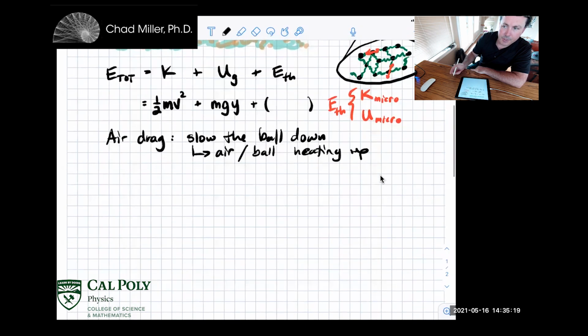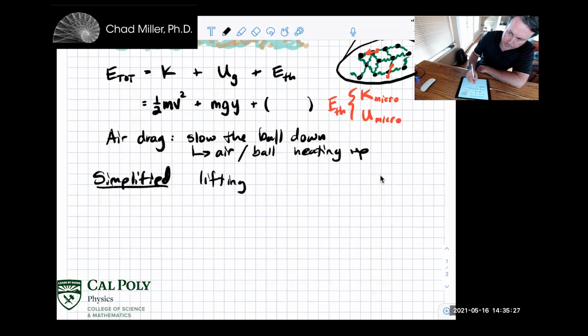We need a simpler situation though. Let's think about lifting an object vertically at constant velocity, v.